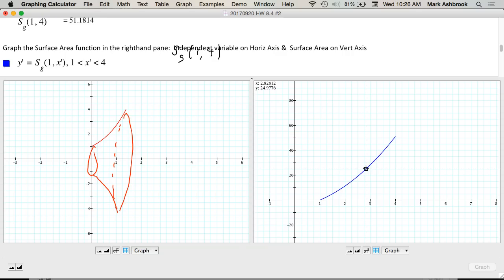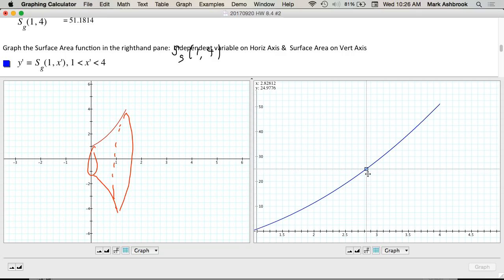So let's interpret this point. 3 comma 28.3. Interpret it. Tell the person next to you, what does that mean? This point is 3 comma 28.3.